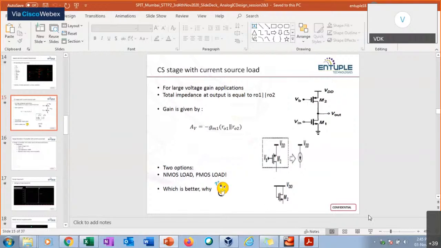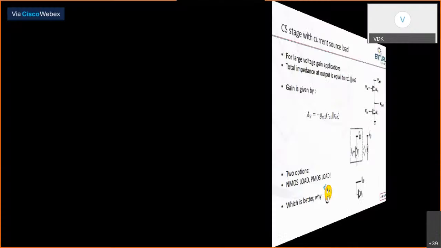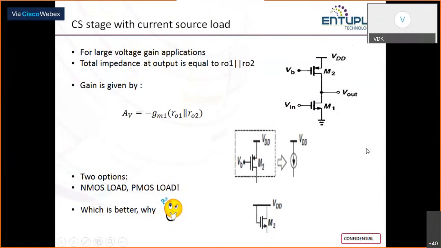It exhibits that across its drain to source terminals. So if I connect a PMOS carrying the identical current as the NMOS and exhibiting an R out equal to the R out of the NMOS, then the overall gain is going to be gm1 times R01 in parallel with R02, which is already available on the slide.